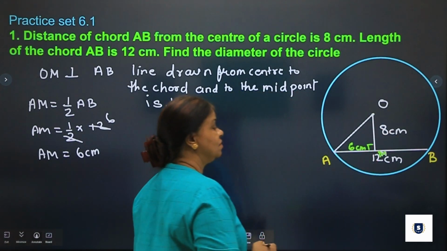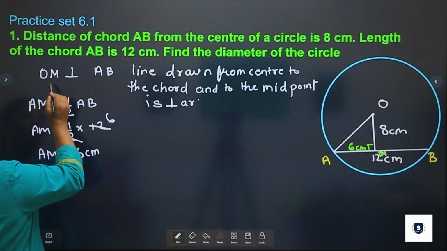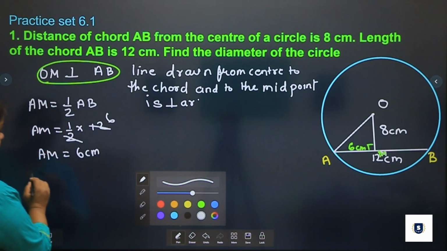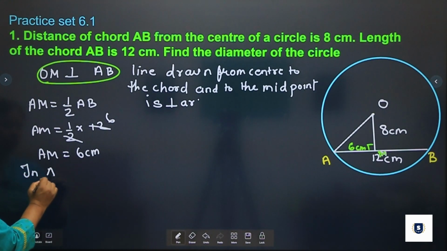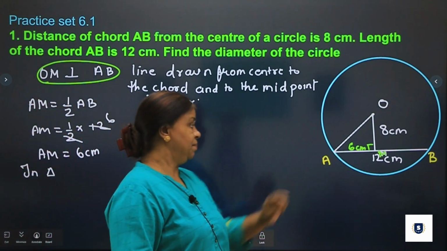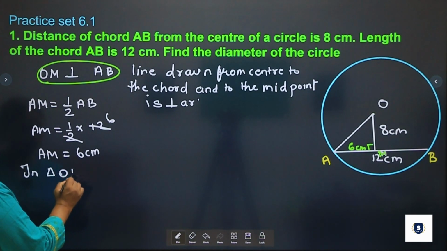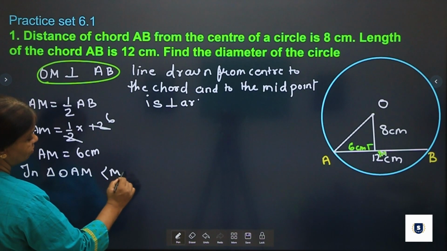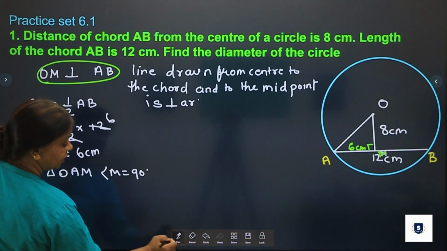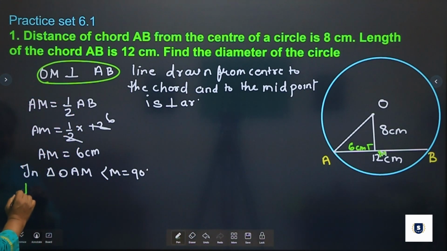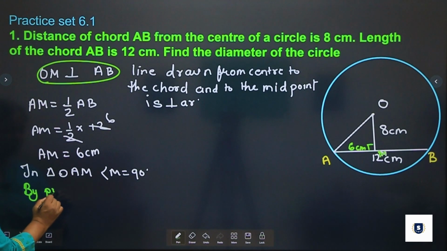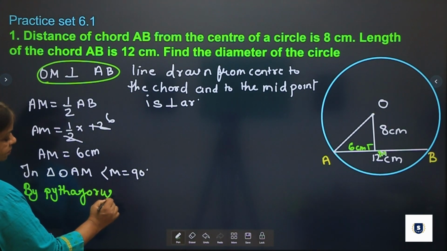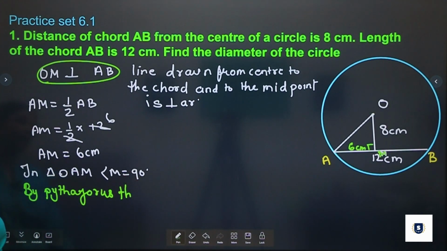We can find the radius by Pythagoras theorem. If OM is perpendicular to AB, then in triangle OAM, angle M is equal to 90 degrees. Therefore, by Pythagoras theorem, what will we get?